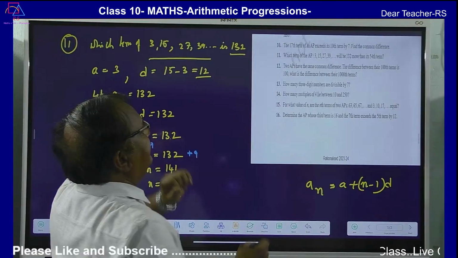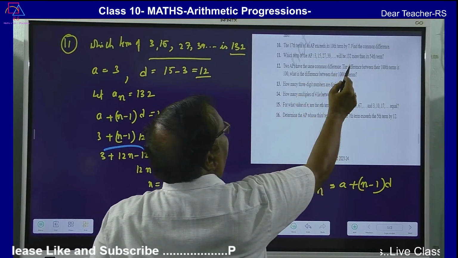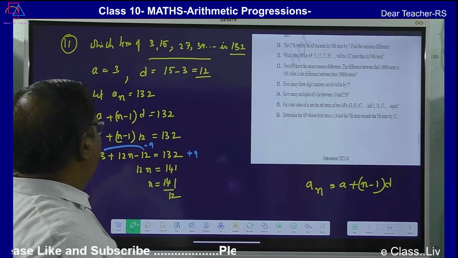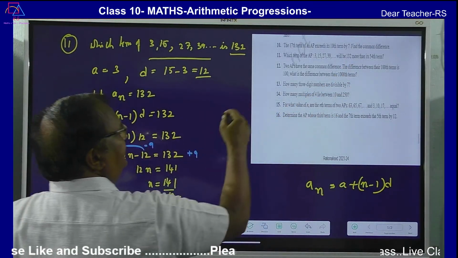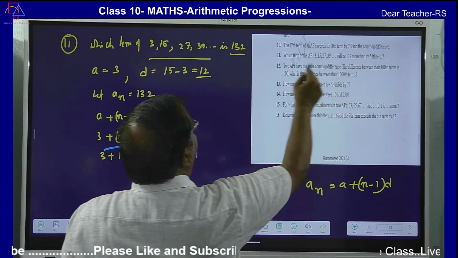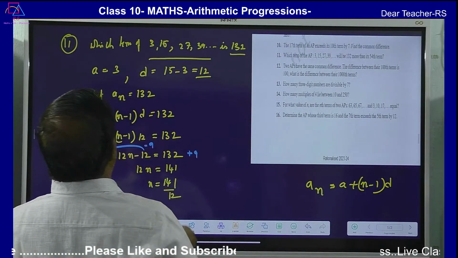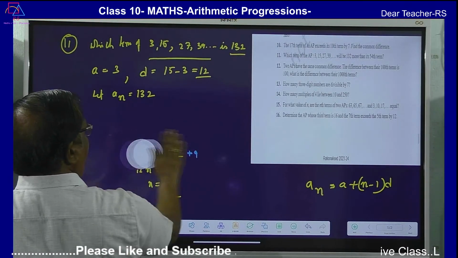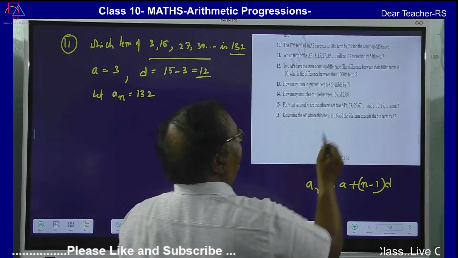Which term of the AP will be 132 more than the 54th term? No, 132. So our question did not complete. We have read the question completely wrong. We must read the question properly.